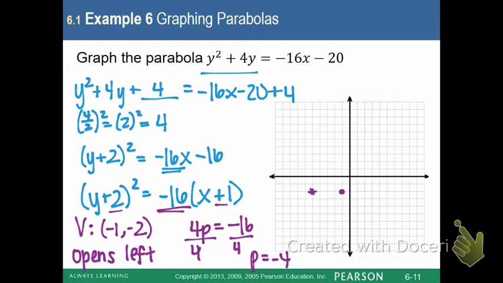Right 4 units tells me where the directrix is. And then I'm going to double that to give me 8. So I'm going to go up and down 8 units from the focus. And graph.